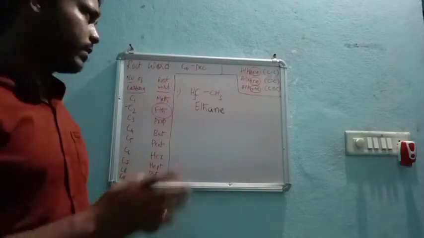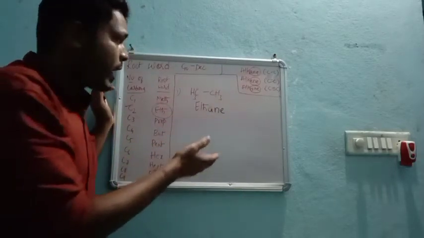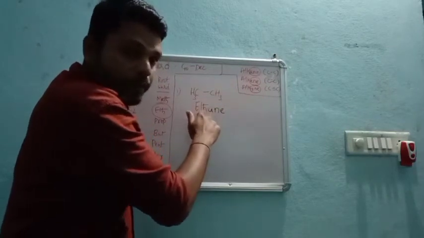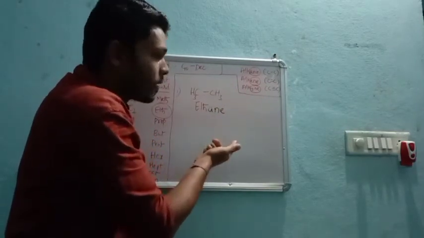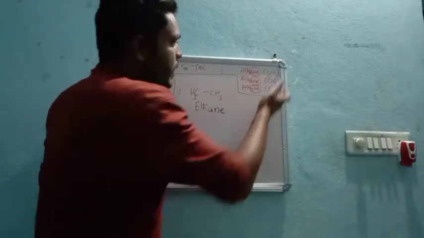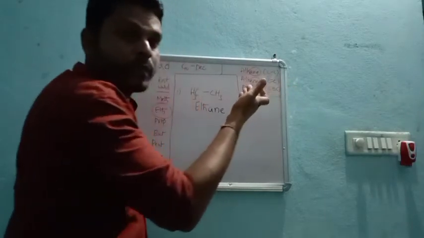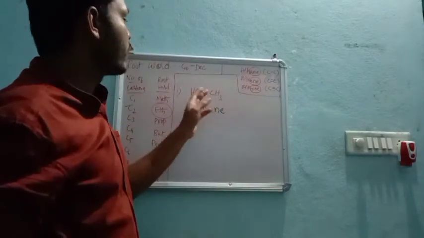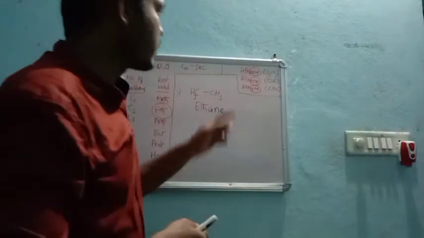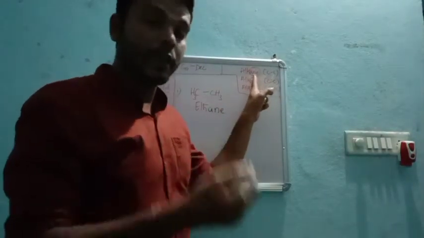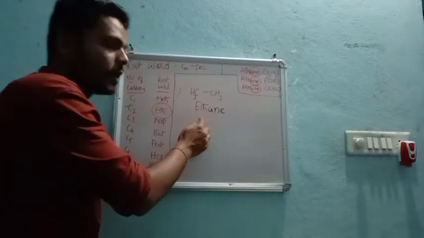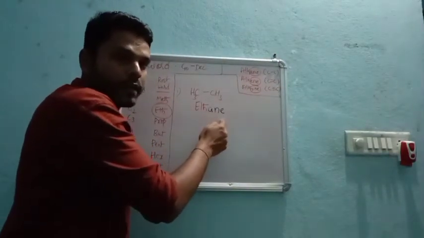Later I checked whether, between carbon and carbon, it is single, double or triple. After checking, we saw there is a single bond. If there is a single bond, we add the suffix ane. So that's why the name is ethane.